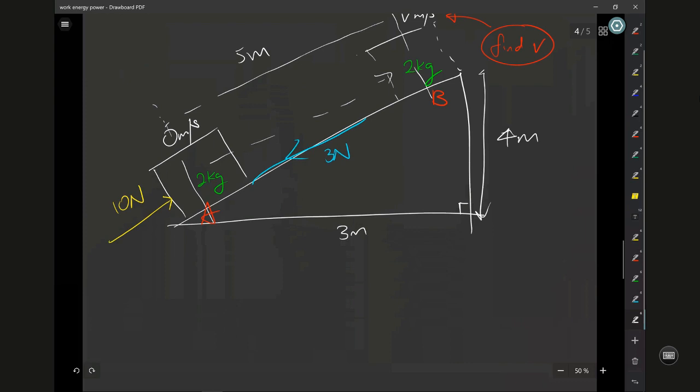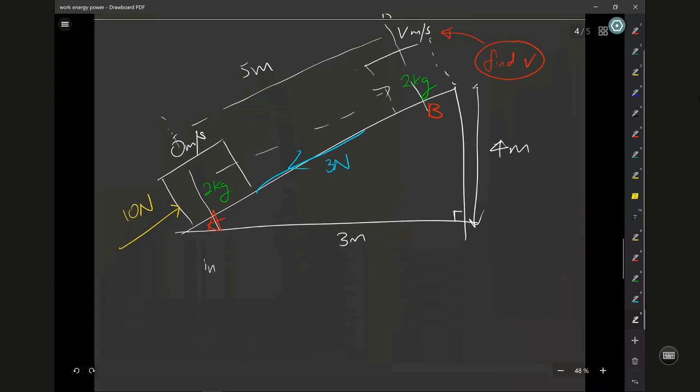First thing first, initial. Initial means we consider everything at A. First, it doesn't move forward, so it can't do work against friction yet. But it's going to receive a 10 newton outward force, and we know that it's going to push it over 5 meters. If you have considered 10 newton, good.